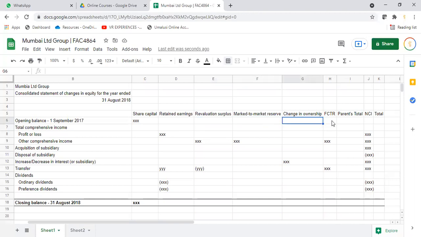My subconscious mind knows that I find opening retained earnings challenging. So it also knows that I have put in effort to make sure I don't struggle with opening retained earnings, because I know opening retained earnings counts a lot of marks. Opening retained earnings, opening NCI counts a lot of marks.